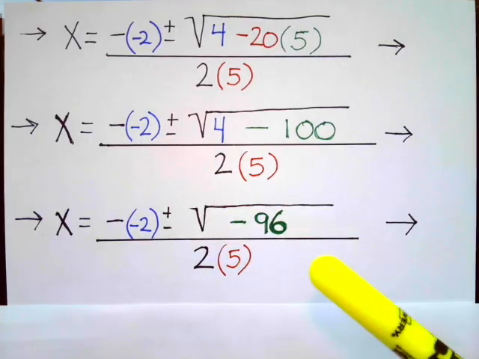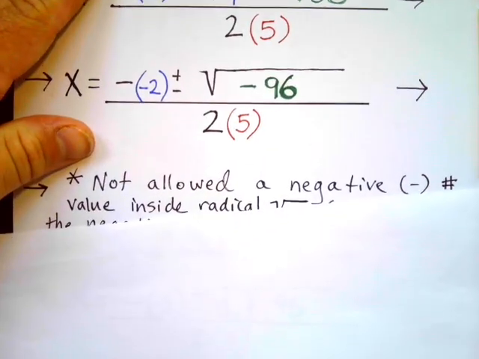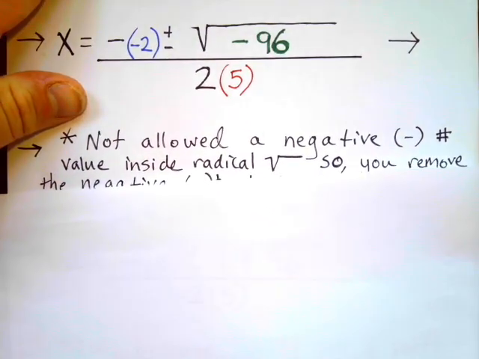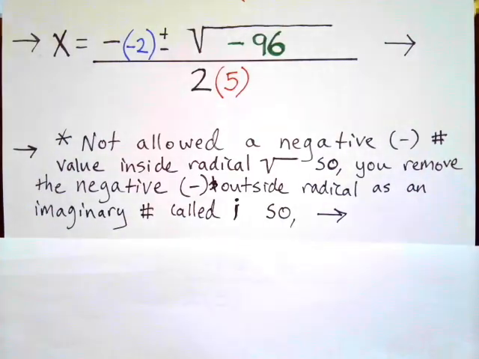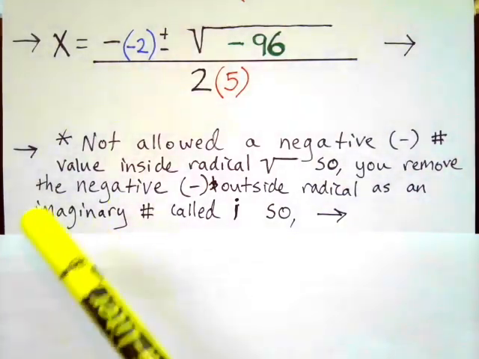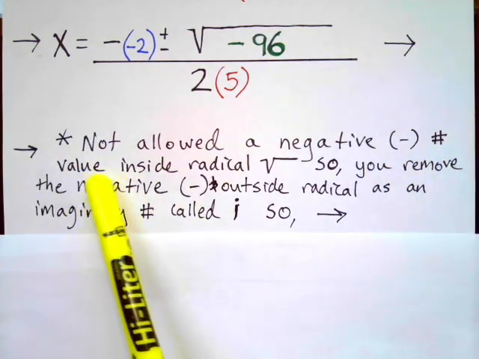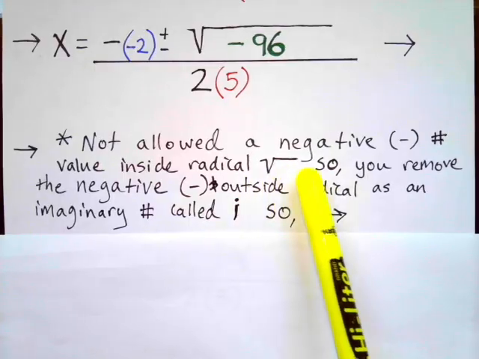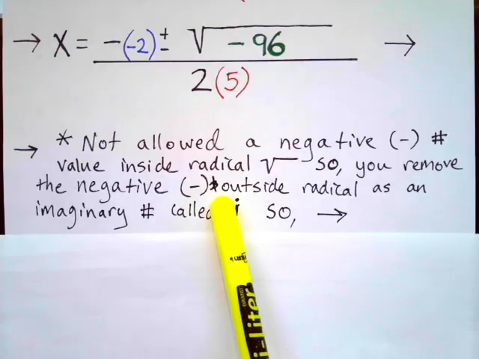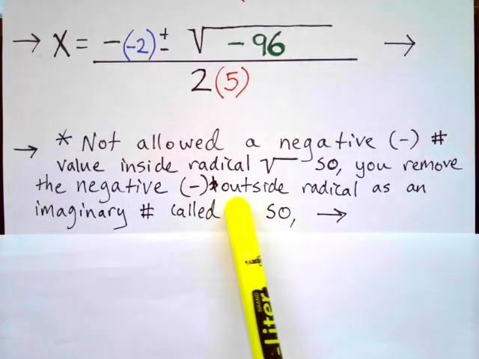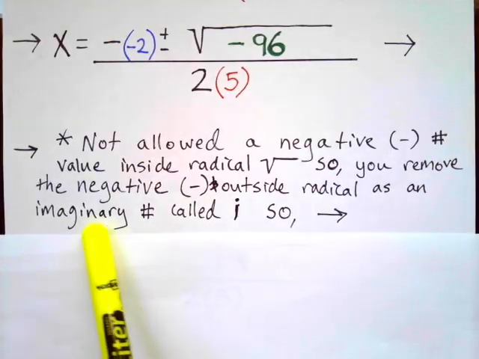Okay, let me just show you that here. I'm going to raise this up. Again, you can stop, pause, rewind as much as you like with these videos. So just as I had said, you're not allowed to have a negative number value inside of a radical. So you remove the negative and place it outside the radical as an imaginary number.